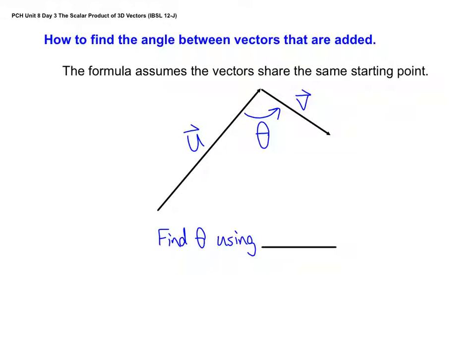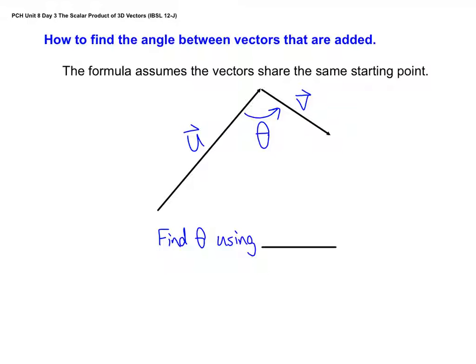Our formula was derived using vectors that started at the same point. So if we used our formula, it would not find this angle; it would find the angle if we drew V down here. So that would be the wrong angle.